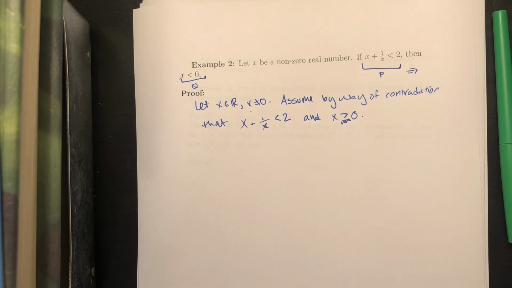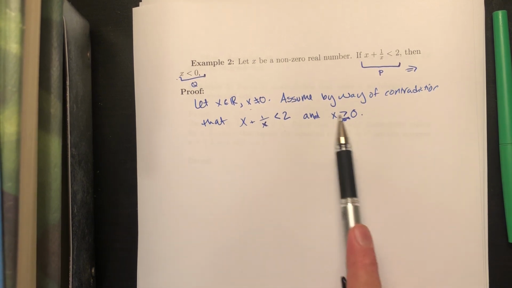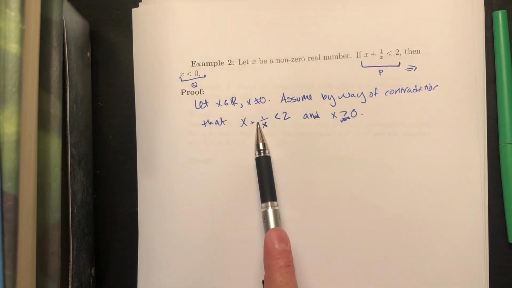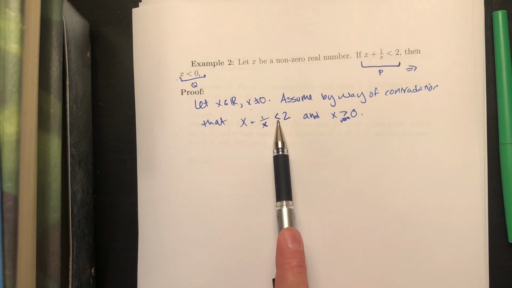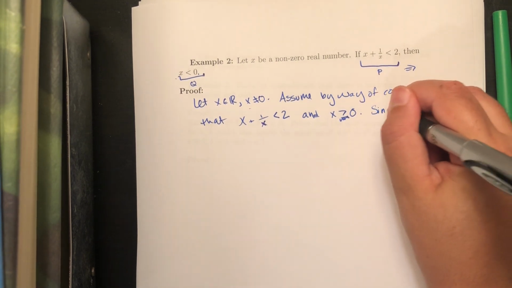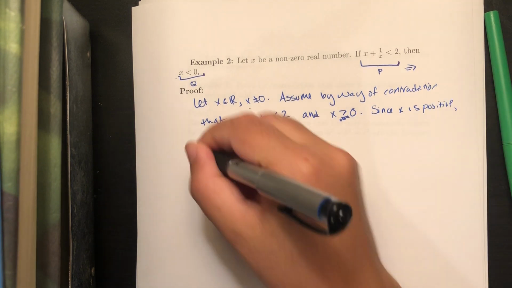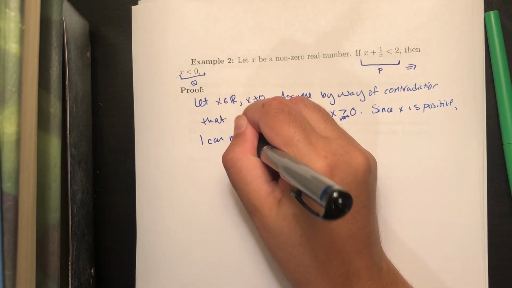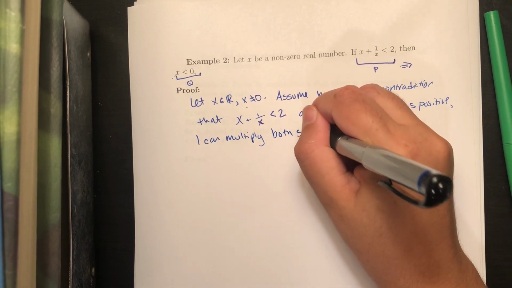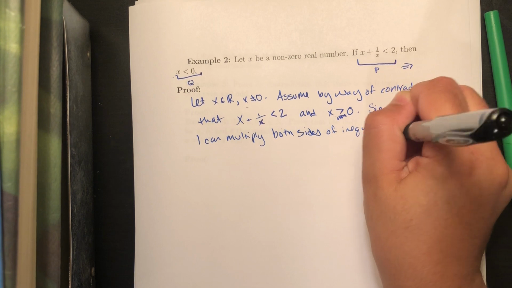How do we do that? Well, how does it help us to know that x is greater than 0? If we know x is positive, then that means I can multiply both sides of this inequality by x, and I can leave the inequality symbol alone. Right, so since x is positive, I can multiply both sides of the inequality without flipping the sign.